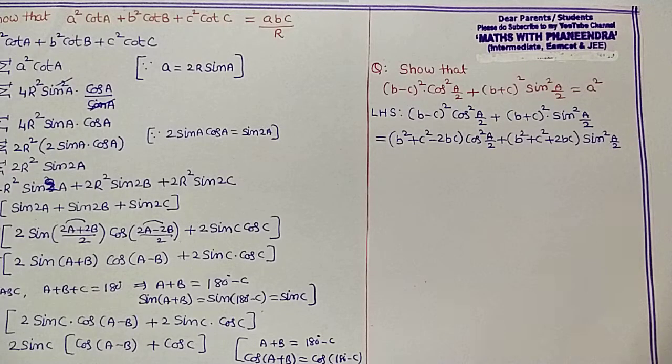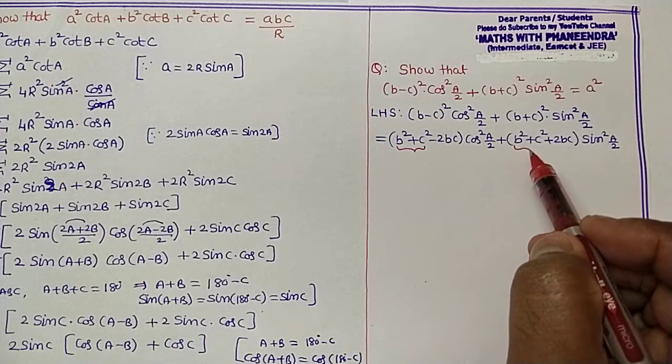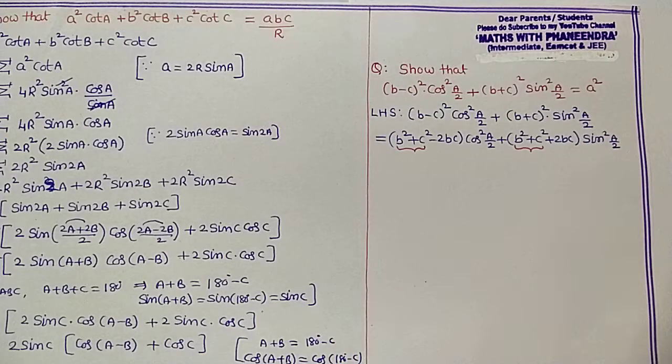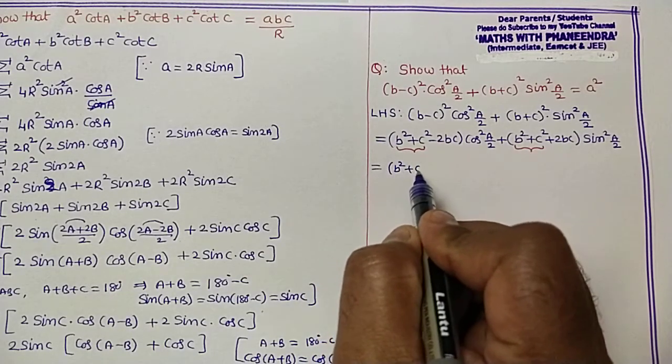After this step, we observe that b square plus c square is there in the first term as well as in the second term. So what I am doing is taking common b square plus c square from the first term as well as the second term.